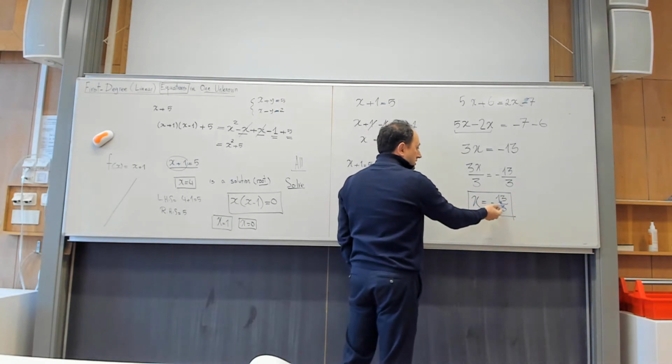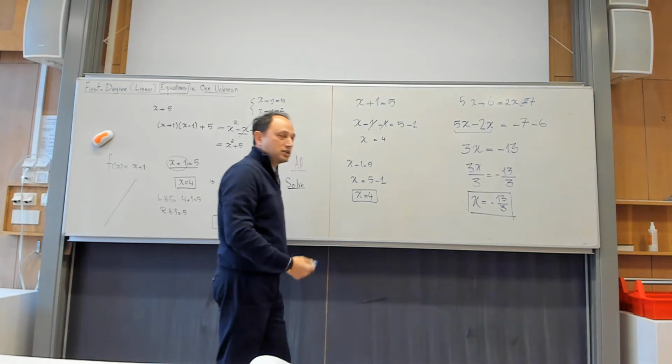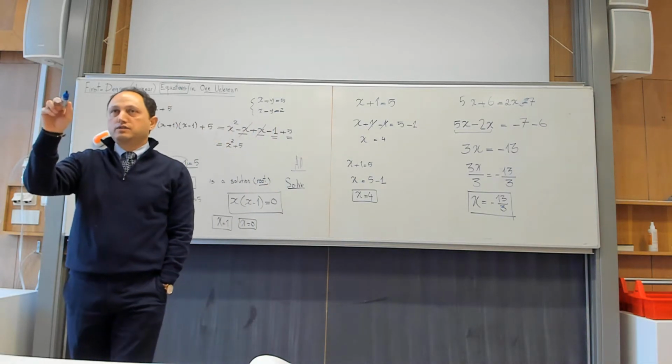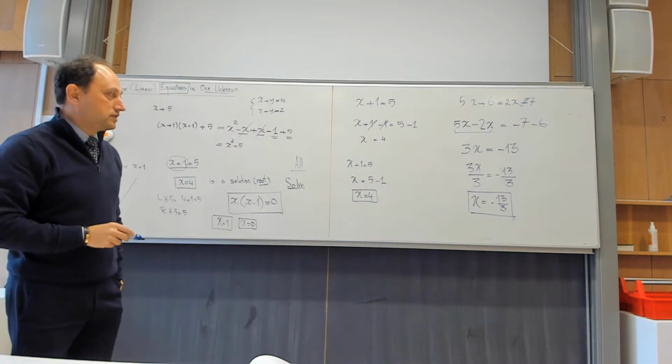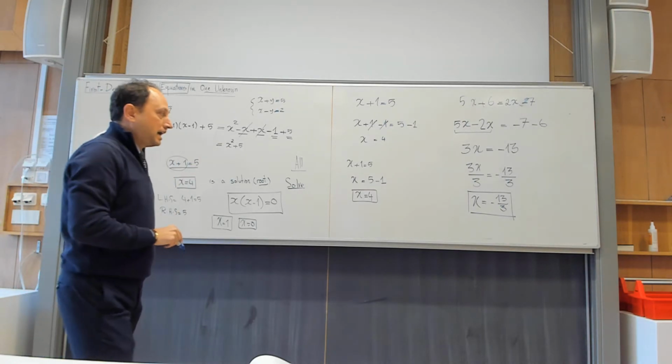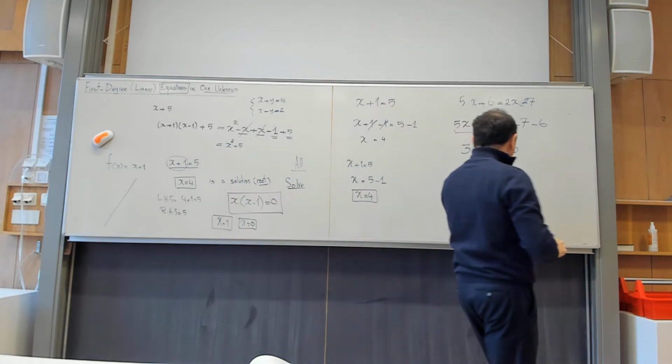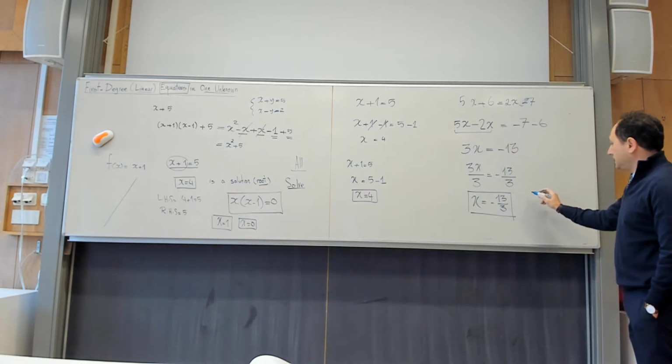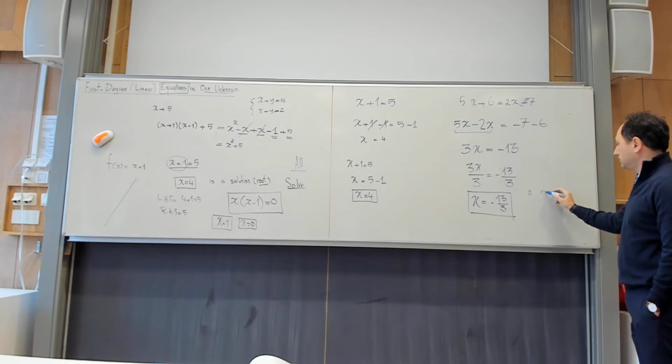Unless coincidentally that fraction can be written exactly. For example, it is 1/2, you can write 0.5. But this number, you have to keep it in this form. And if I ask you what is the name of this number, you can say this is a root, or you can say a solution.